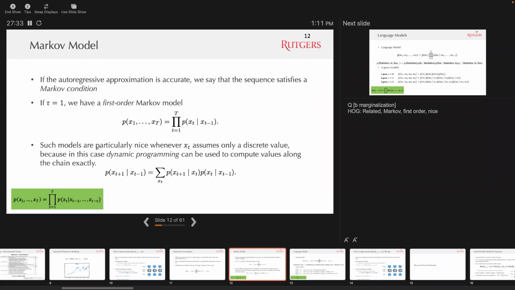So basically, it gives you an easier and more efficient computation. Now you only need to compute these two terms and go through different values of xt, and then you can add them up to marginalize it out, and then you can get this marginal distribution of x_{t+1} given x_{t-1}.